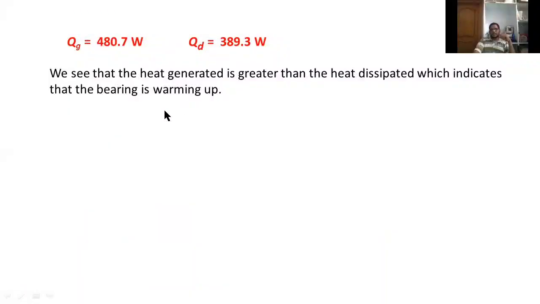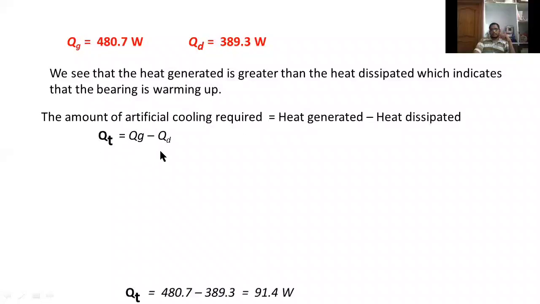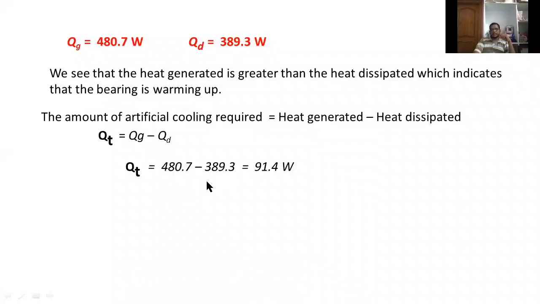So the remaining amount of heat equals the amount of heat generated minus the amount dissipated, equals 480.7 minus 389.3. You get Qt equal to 91.4 watts. This is the amount of artificial cooling required for cooling this temperature.